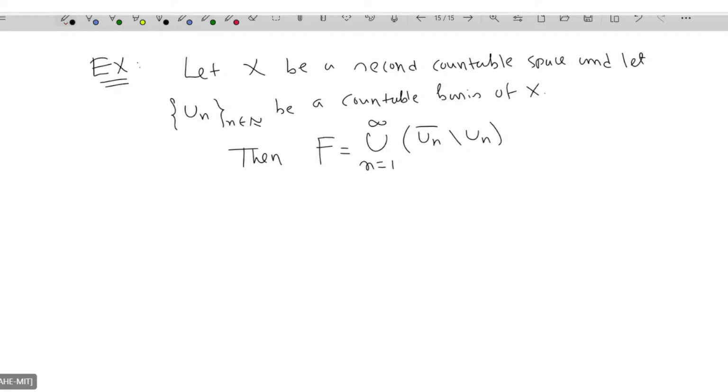So is closure of B_n minus B_n a nowhere dense set? Okay, let me move ahead because it will take time. Try to prove that this will be a meager set. Later, think about it.